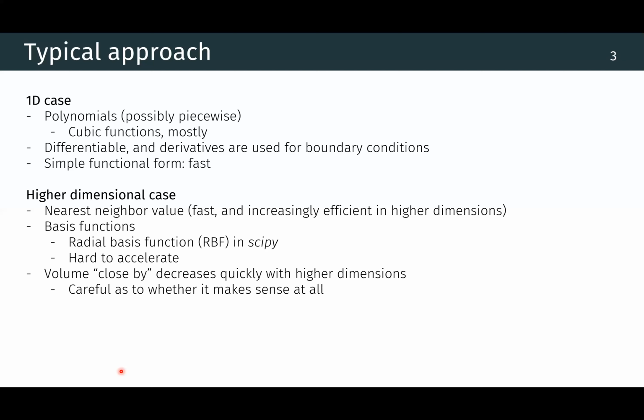You don't want to have one polynomial that covers everything and then interpolates through everything, but you'd rather have something that is of low degree and then different segments. And a typical way of doing that is to use cubic functions, because cubic functions have nice smoothness conditions. We're going to talk about that in a bit.